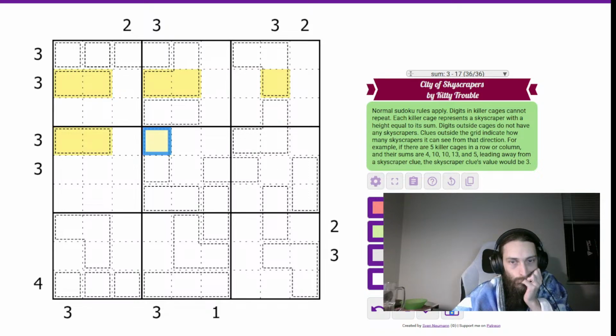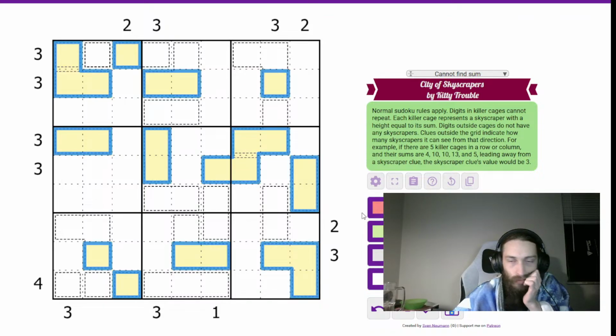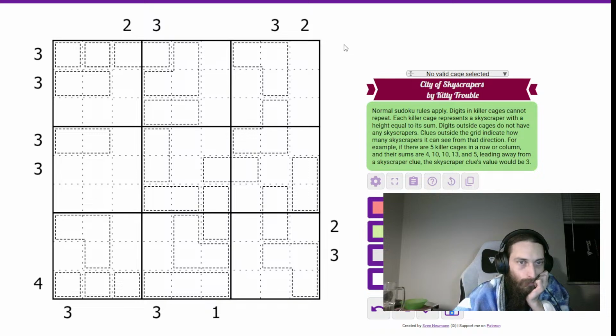Row 5, there's only 3 to be seen. 1, 2, 3. Yeah, this notation's kind of weird.